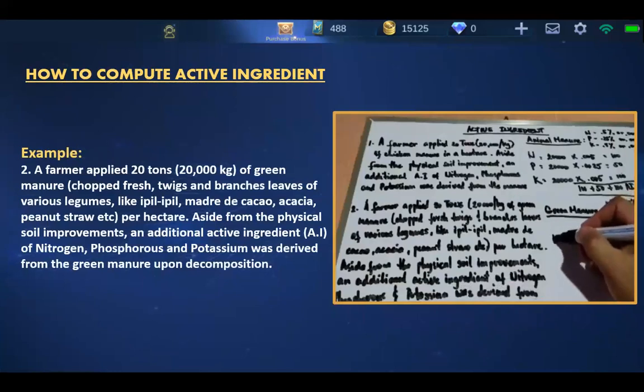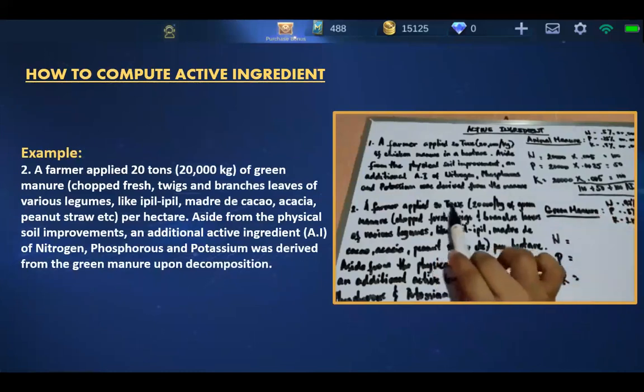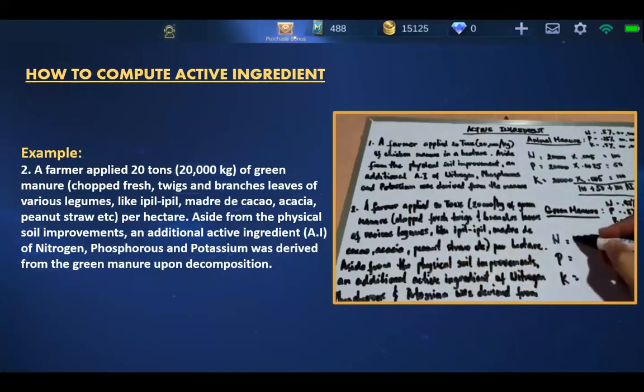So again, same procedure, NPK. Then we need to convert the tons into kilograms. So 20 tons will become 20,000 kilogram. Multiply to the active ingredients of the green manure.